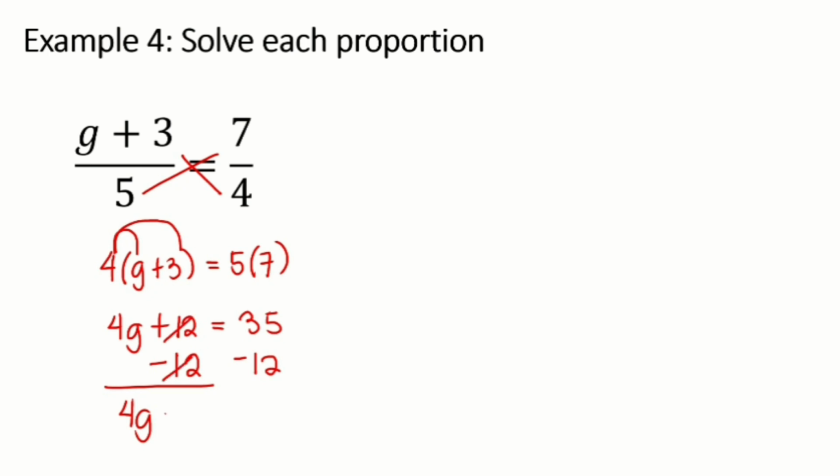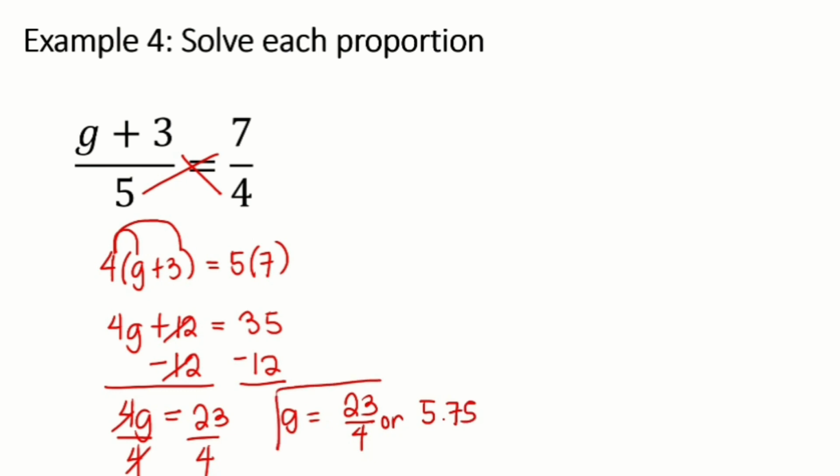Okay, so we can cancel this out, is equal to 35 minus 12, that is equal to 23. Then divide both sides of the equation by 4. So the value of g now is equal to 23 all over 4, or in decimal, that is equal to 5.75.